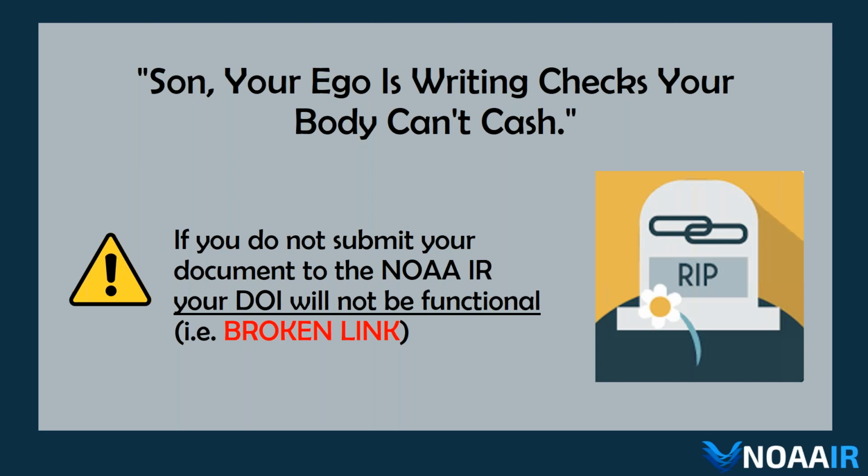That DOI isn't going to point to anything because it's not in the institutional repository and that DOI has not been made findable. So you do have to submit your document to the NOAA IR in order for your DOI to become functional or findable. Nobody likes dead links. It's frustrating for everyone.